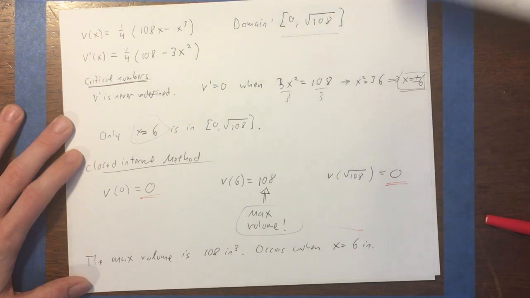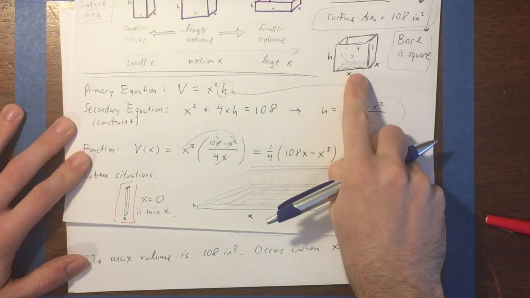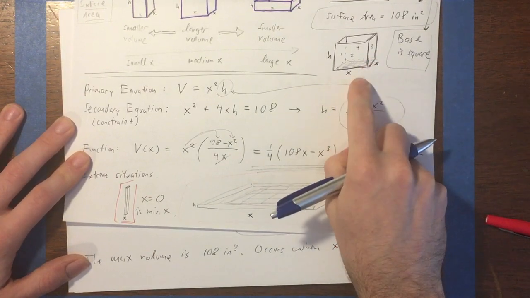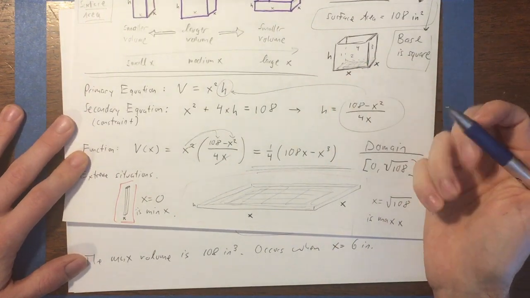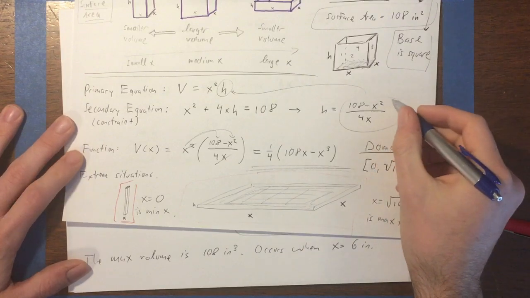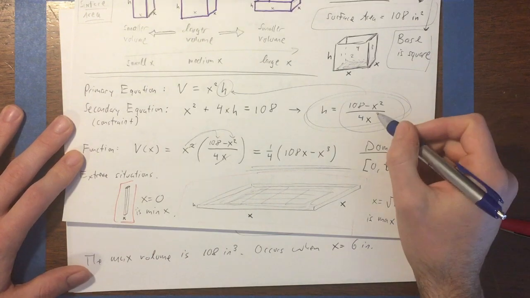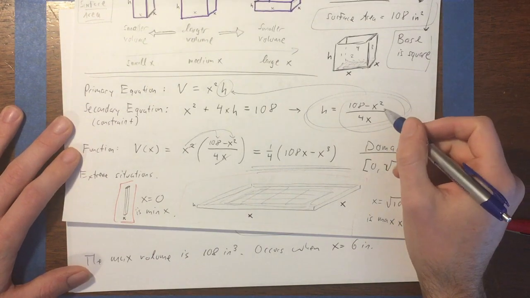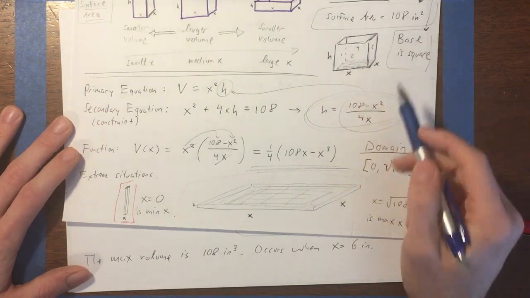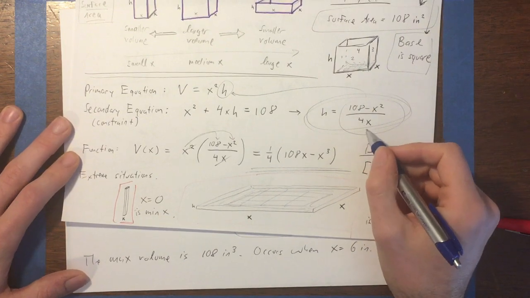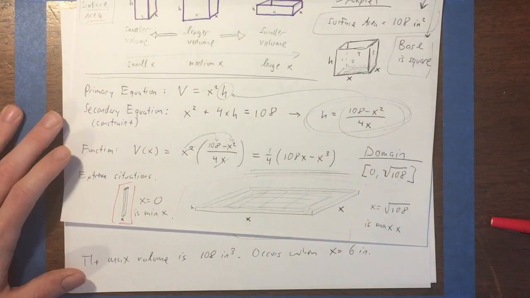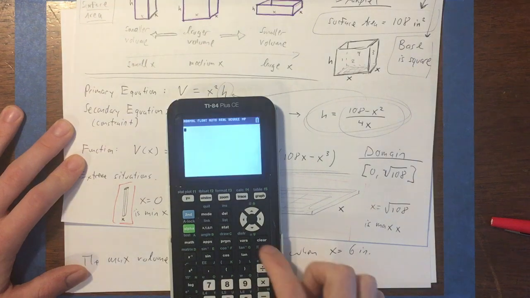So we want a box with a 6-inch by 6-inch base. And then the height would have to be given by this equation here. We can stick 6 back in here. We need this to be equal to 108 surface area, right? I'm going to pull out the calculator for this part.